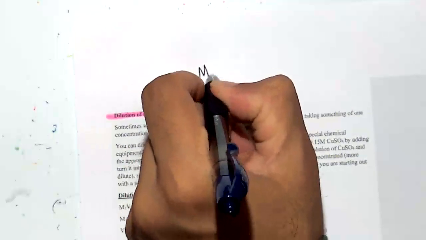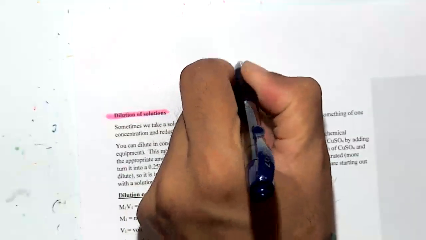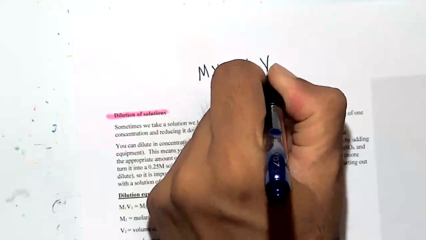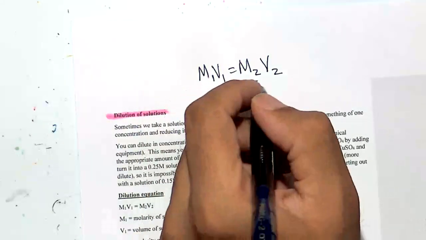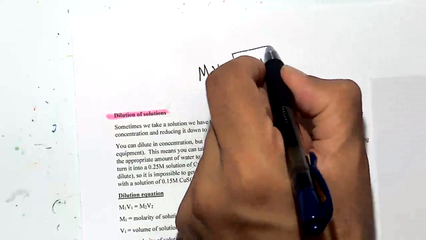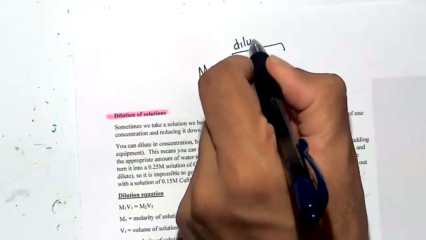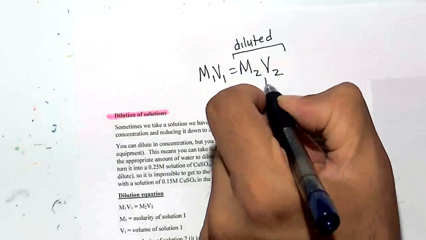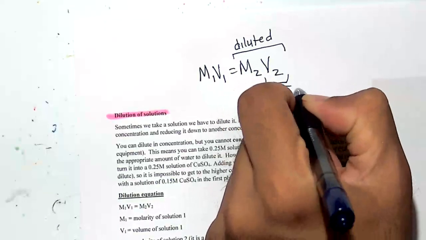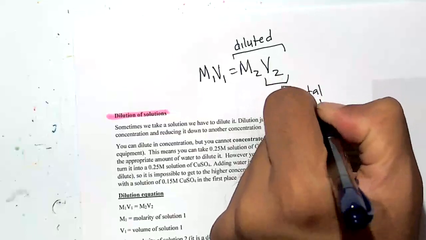So the equation for the dilution is M1V1 equals M2V2. M is molarity, V is the volume. M2 is the diluted solution, and V2 is the total volume.